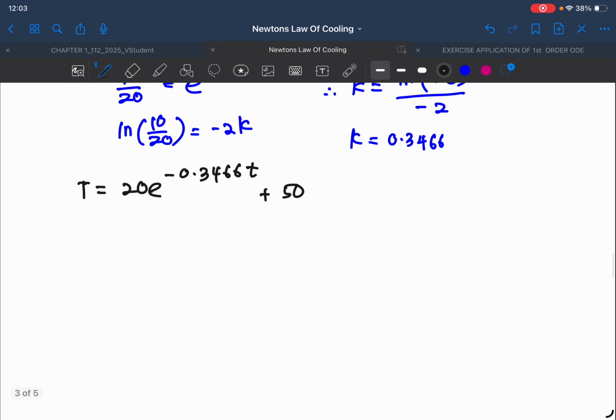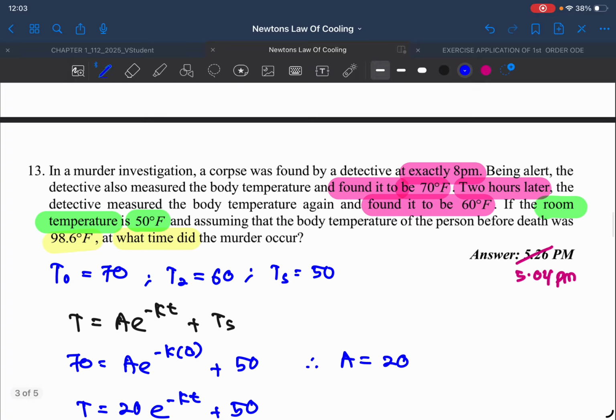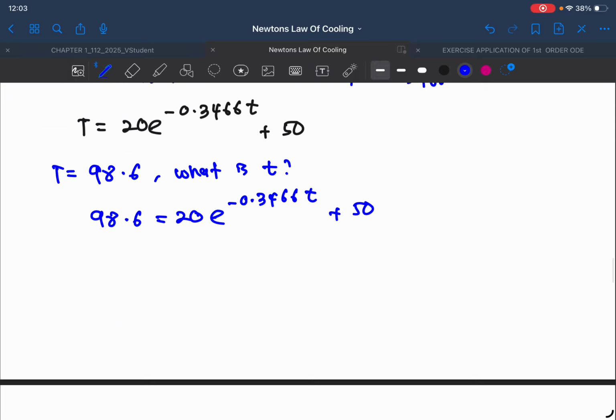So now by using T is equal to 98.6, what is t? Substitute your temperature 98.6 into 20e^(-0.3466t) plus 50. The same thing, simplify the constants: 98.6 minus 50 is equal to 20e^(-0.3466t).